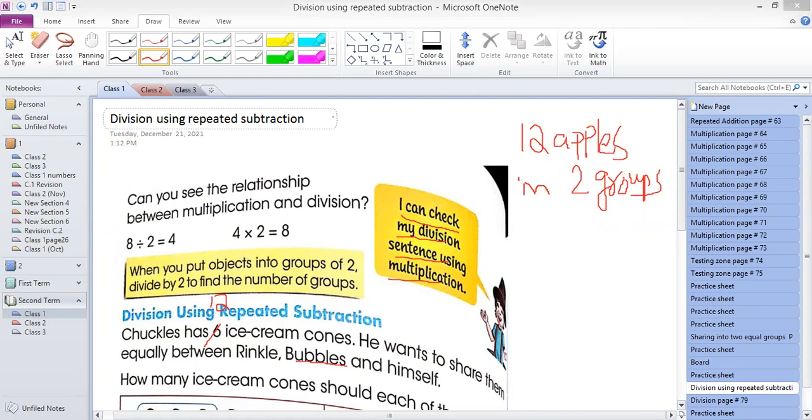In one group, how many apples will be there? Very good, Asar. Very good, Abdullah Mustafa. Faris, very good. Bander, very good. Abdul Rahman, very good. Try to use the repeated subtraction method, guys.